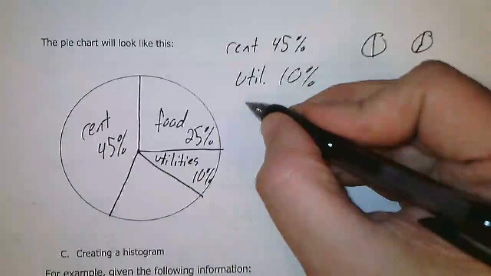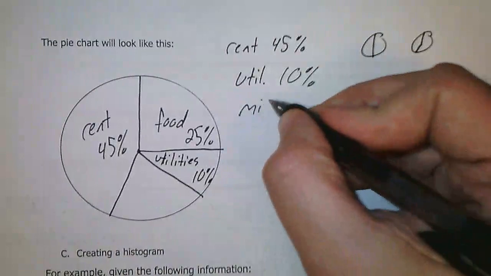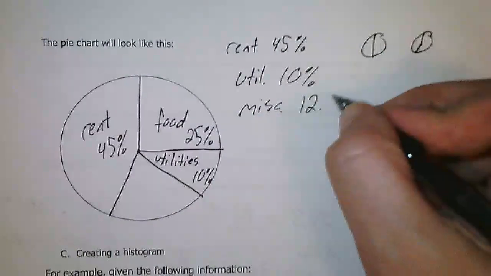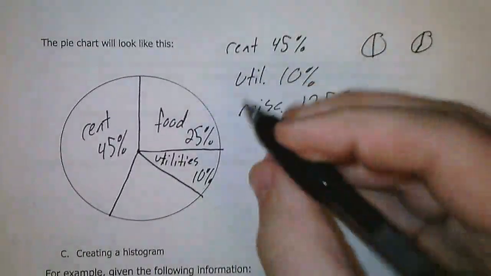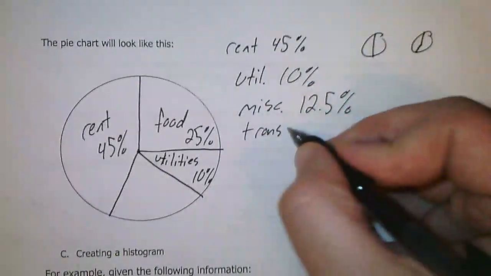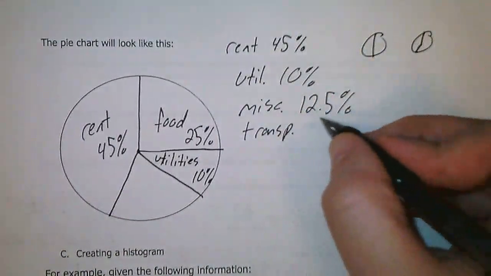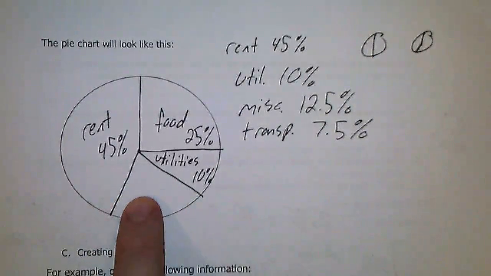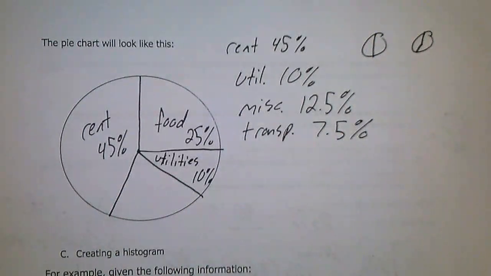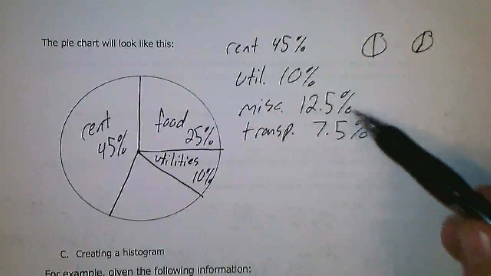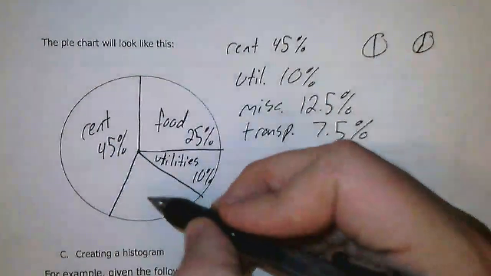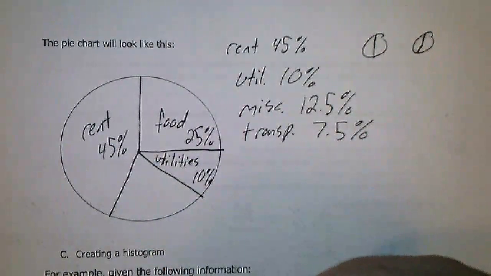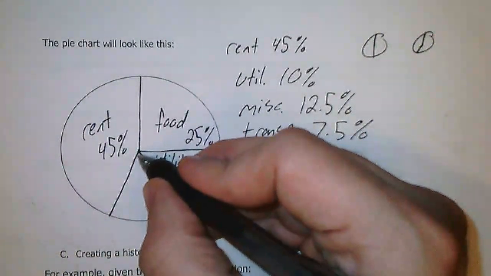Which means we have miscellaneous at 12.5% and transportation at 7.5%. So I need to split this remaining section, and that adds up to 20%, and that looks about 20% of the graph that we have left.